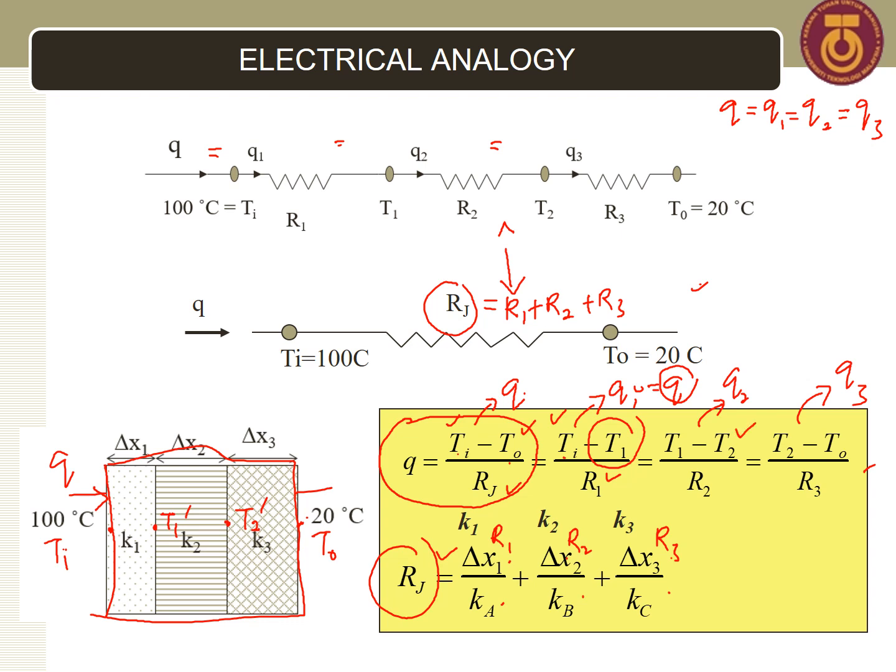I hope now you see that if we are able to convert our heat transfer problem into a circuit diagram, it will really help us in determining many values, many properties which we want to determine. It's very useful.